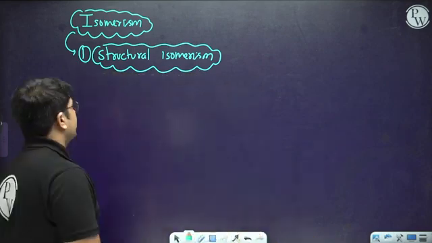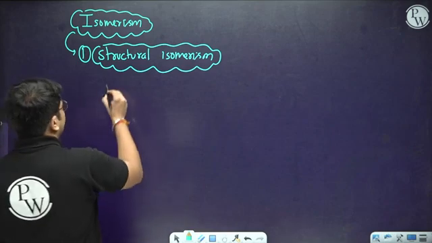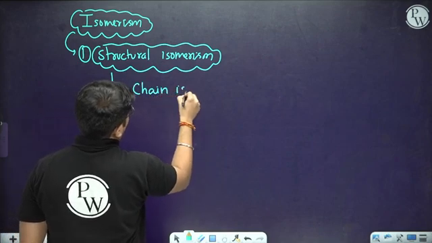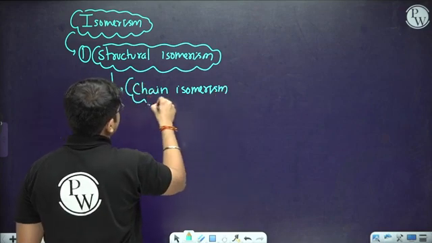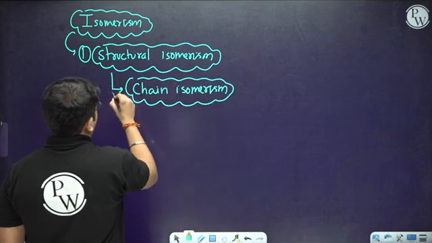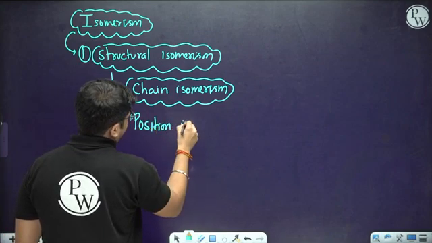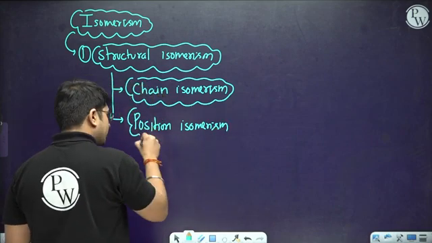Okay. So in case of structural isomerism, you can see 2-3 phenomena are there which are related to the entire part. First one will be the chain isomerism. Next one will be the position isomerism. These two parts are pretty much relevant in case of simple hydrocarbons.